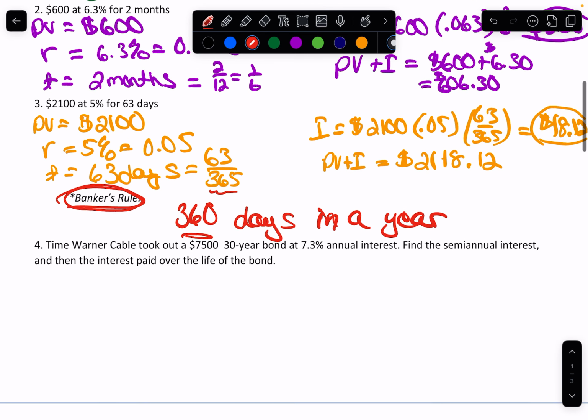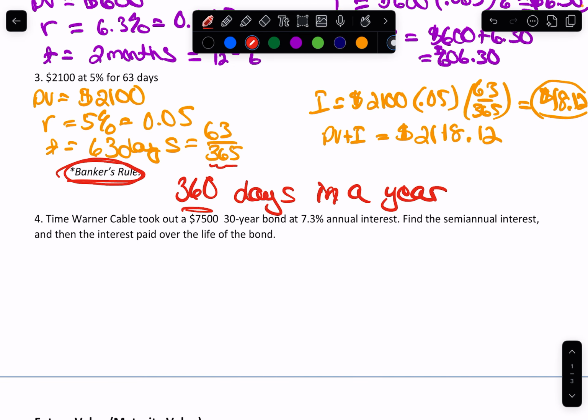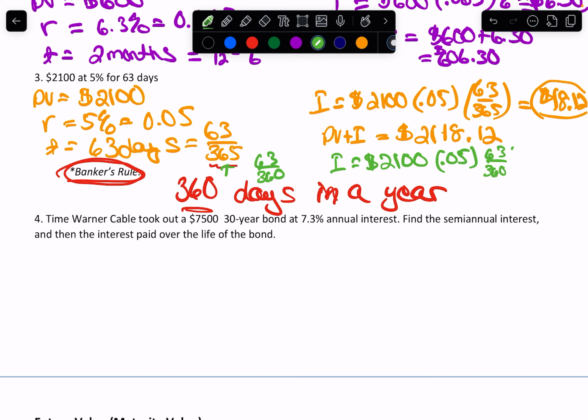Okay, let's look at the next example here. Actually, before we do that, if we use 63 over 360, our interest would be 2,100 times 0.05 times 63 divided by 360.